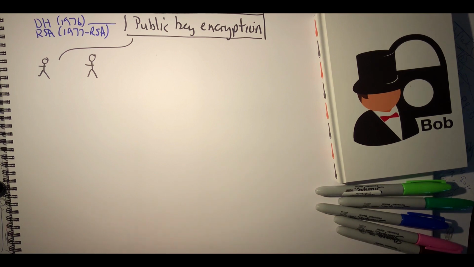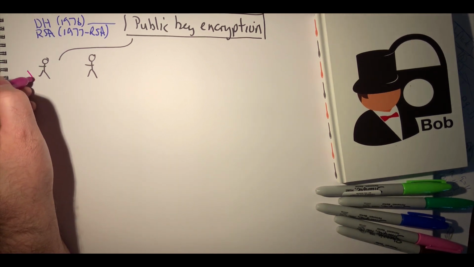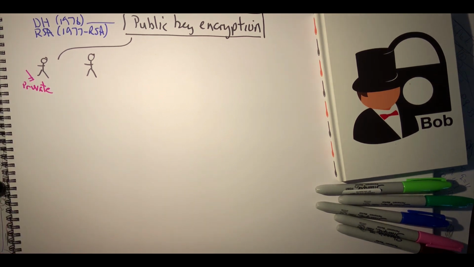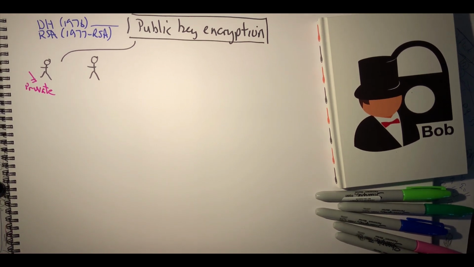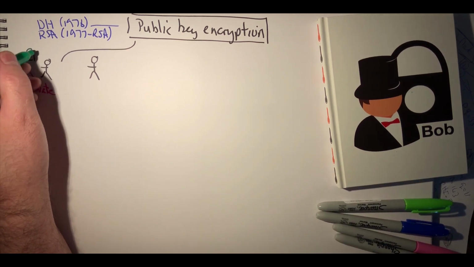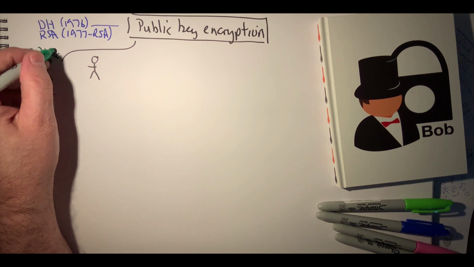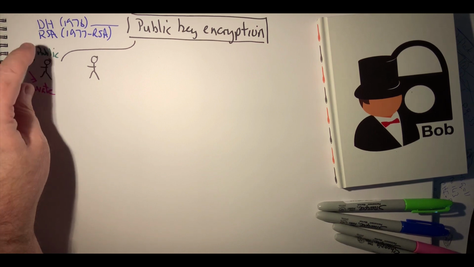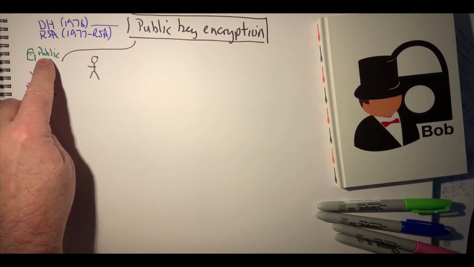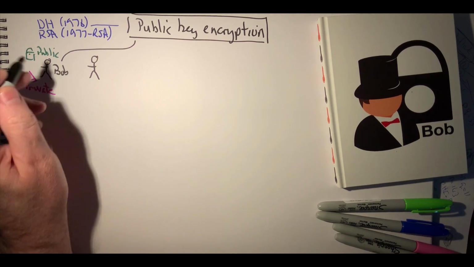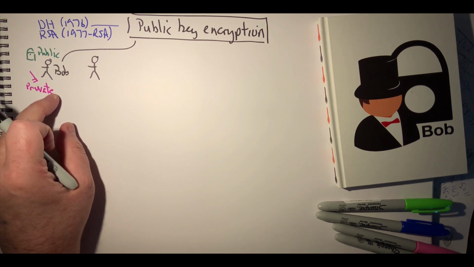And the key pair is that we have a private key and then we have a public key. So Bob and Alice can have their own key pairs. Everyone can know Bob's public key, but he keeps his private key secret.